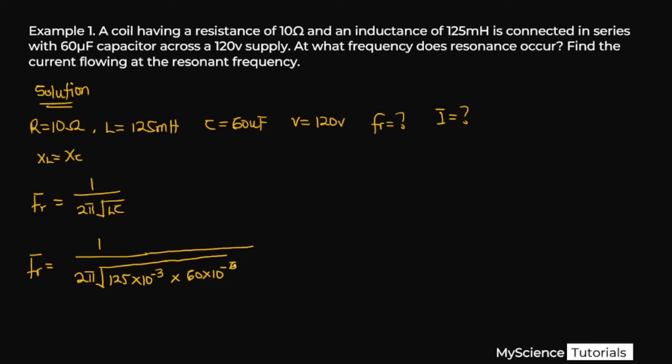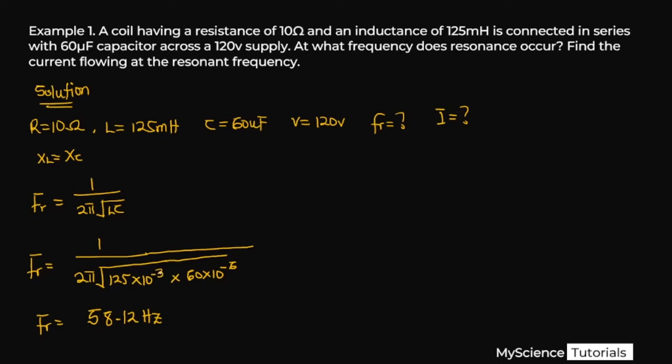This will give us a frequency of 58.12 hertz. So 58.12 hertz is the frequency at which the resonance is occurring. So this is our resonant frequency.